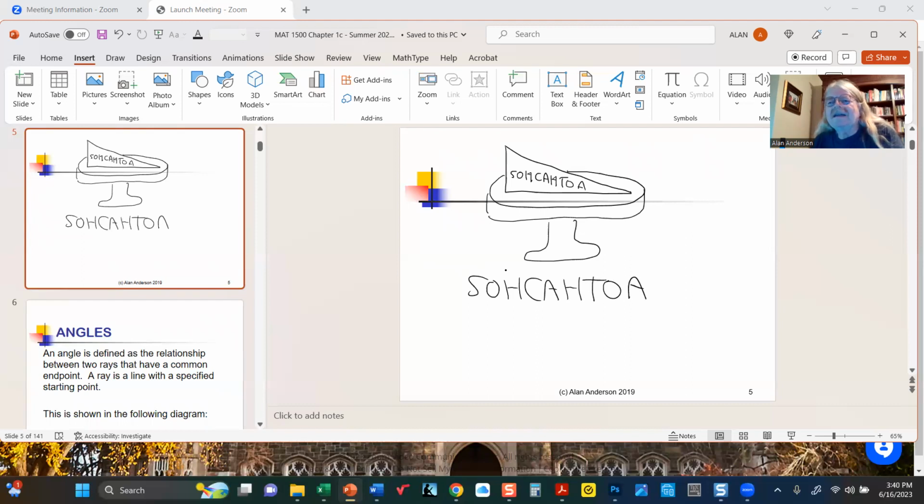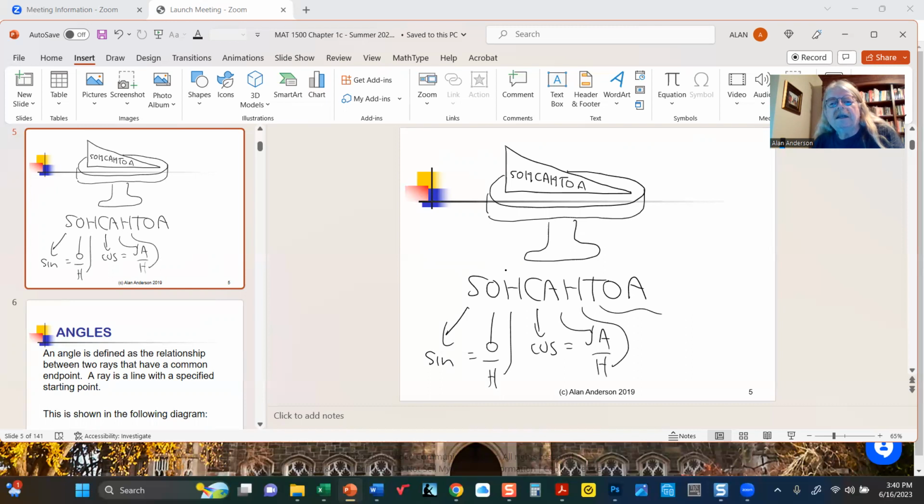Now you might say, what is that all about? Here's what it means. The sine is the opposite over the hypotenuse. The cosine is the adjacent over the hypotenuse. And the tangent is the opposite over the adjacent.